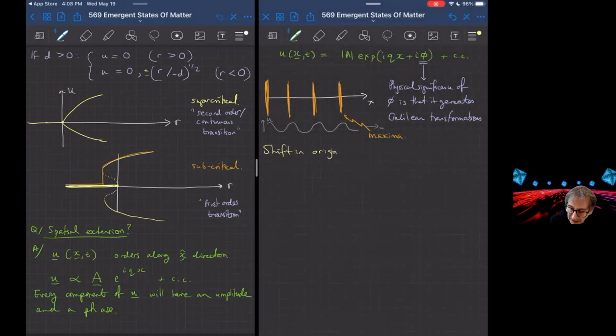Basically what's happened is x has gone to x plus some x naught. Then that is going to end up giving you a phase shift by amount q x naught, like so.